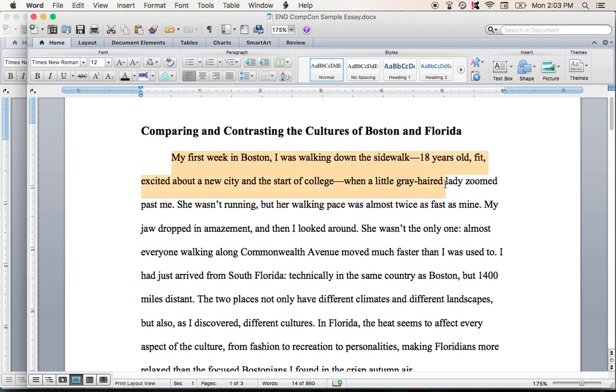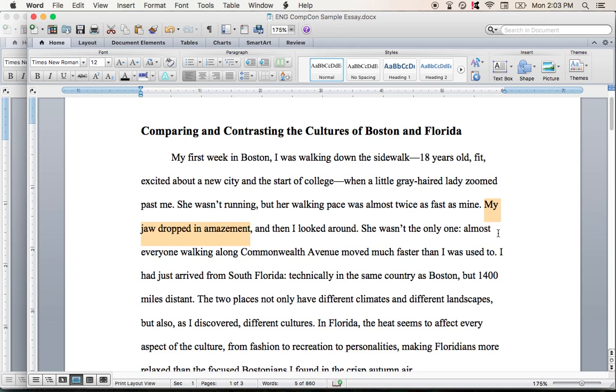When a little gray-haired lady, a little bit of descriptive writing, right? This lady is a lady, she's shorter, and she has gray hair. A little gray-haired lady zoomed past me. Not running, but going almost twice as fast as me. My jaw dropped in amazement. Again, a little bit of description of how I looked.